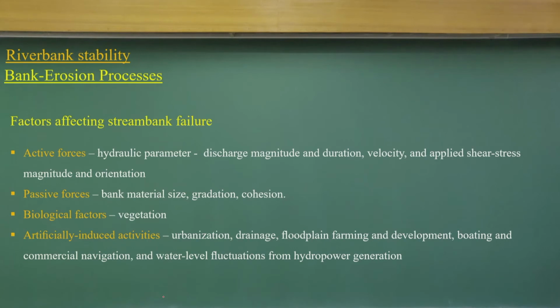Now, you can understand what forces are acting, which is very simple. There are flow parameters in terms of discharge magnitude, duration, velocity, applied shear stress magnitudes, and also orientation. Similarly, we need to know what type of bank materials are there, their gradations, cohesion, biological factors like vegetation, and artificial factors like urbanization, drainage, floodplain farming, development, and water level fluctuations for hydropower projects.